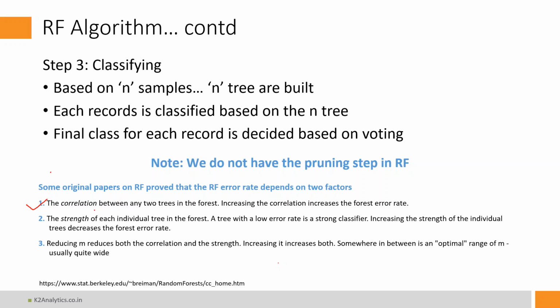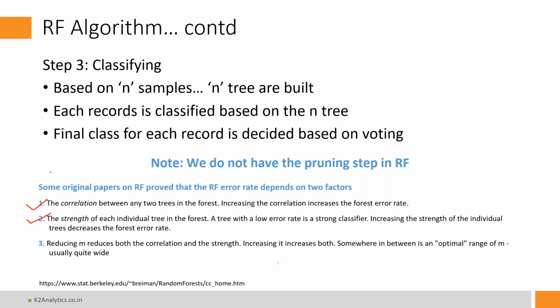The research paper says the correlation between any two trees in the forest, increasing the correlation increases the forest error rate. If more trees are the same, they will point in the same direction, which means there will be a correlation error. The strength of the trees influences the final outcome. Now, the strength of the trees depends upon whether you are taking few variables or more variables.